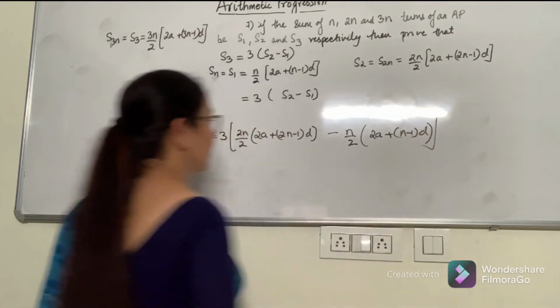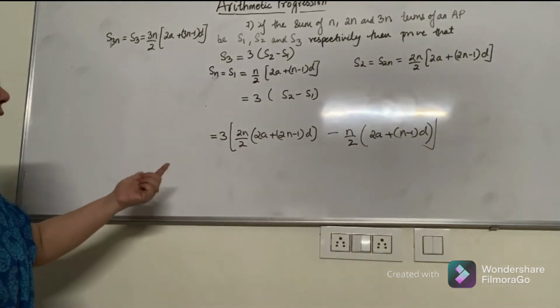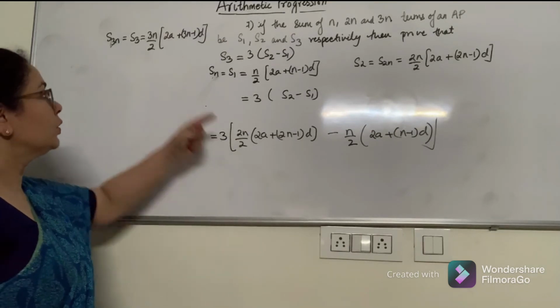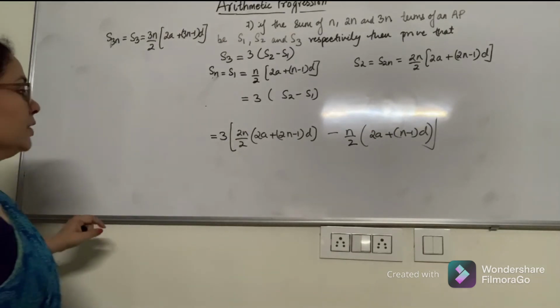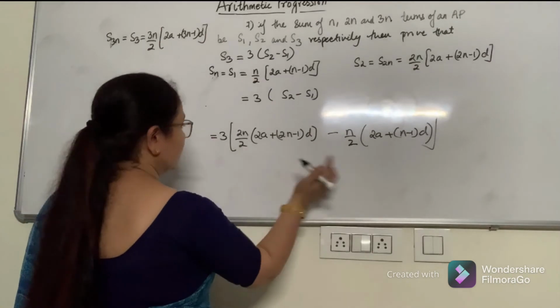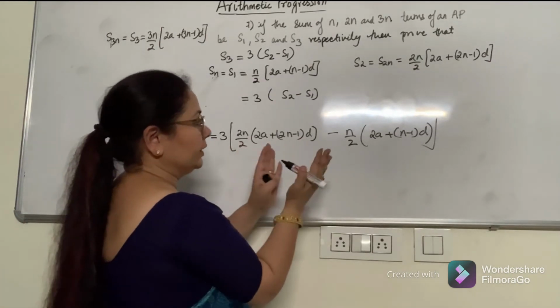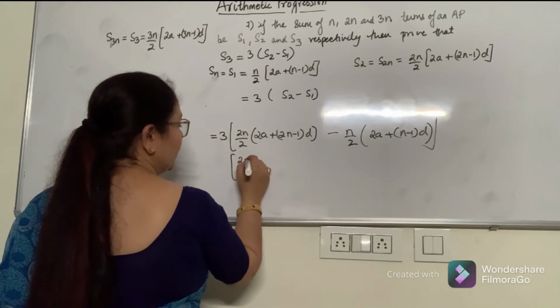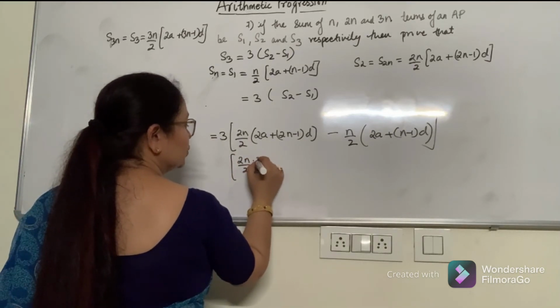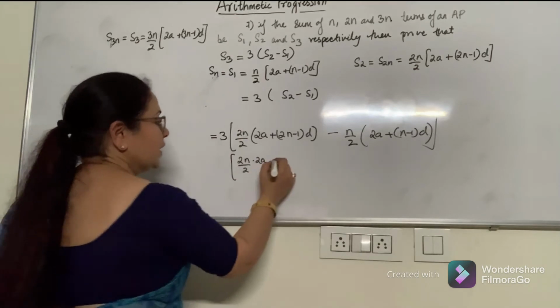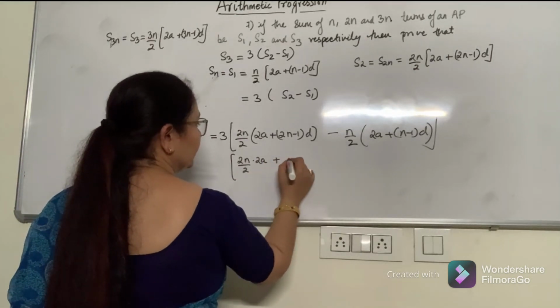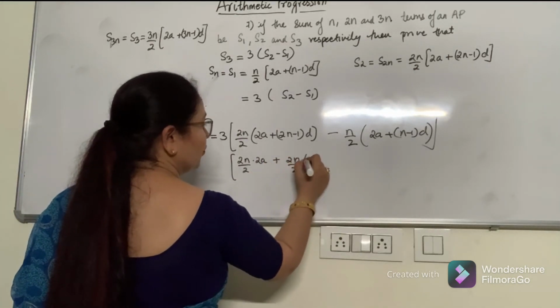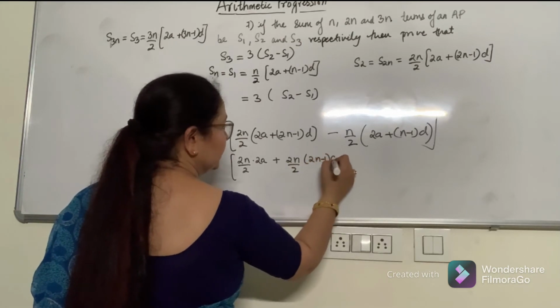So this we have to solve, and we have to bring it equal to this S3. So now we'll club the 2a terms together. We'll open the bracket. 2n by 2 dot 2a, dot means multiplication. Then again 2n by 2, 2n minus 1 d.